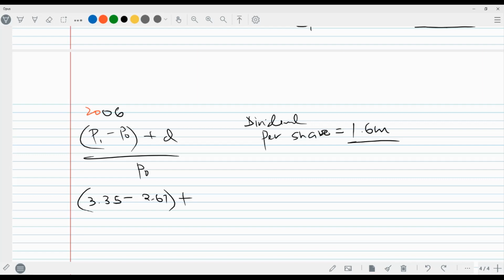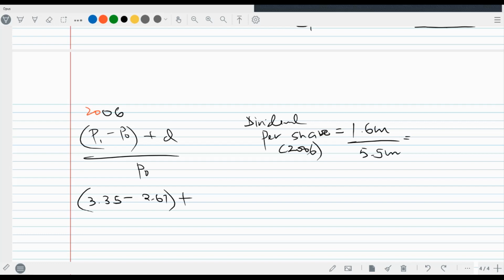Is that clear? I hope you can see that. The total nominal value of the company's shares is 5.5 million, and the par value per share is 1, therefore the number of shares is 5.5 million. How much dividend was paid that year in 2006? It is 0.29.